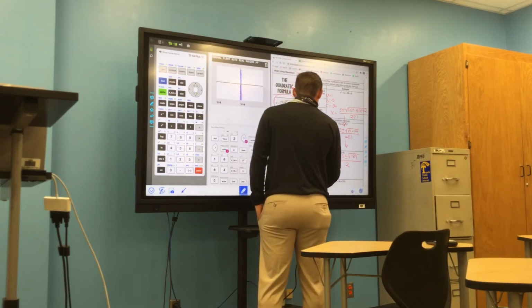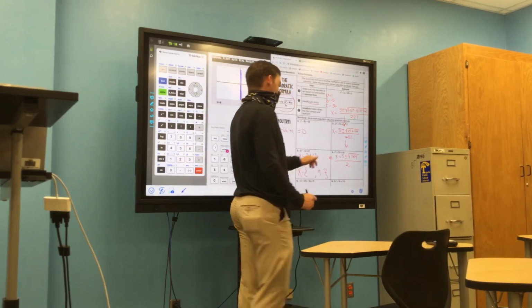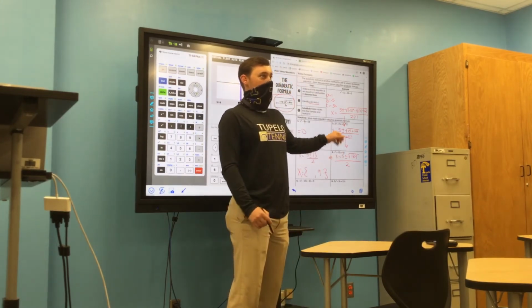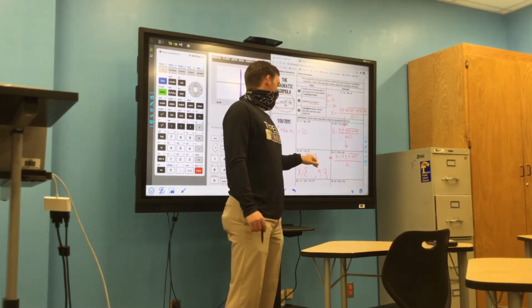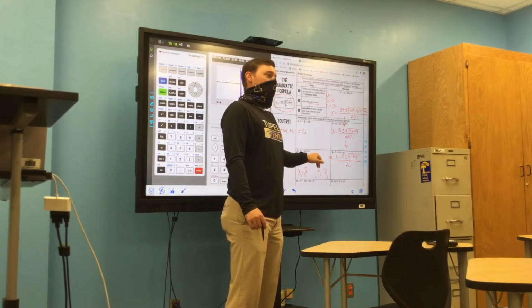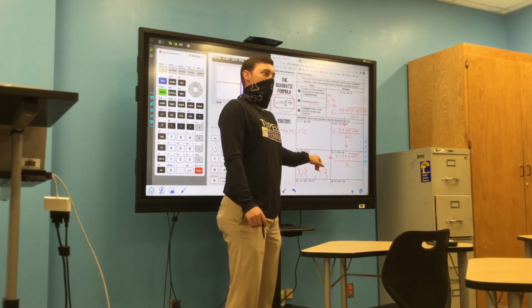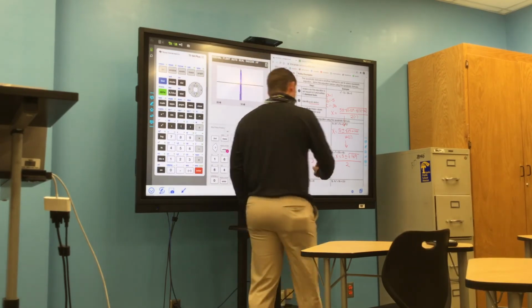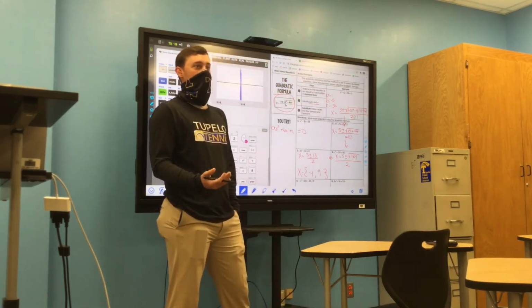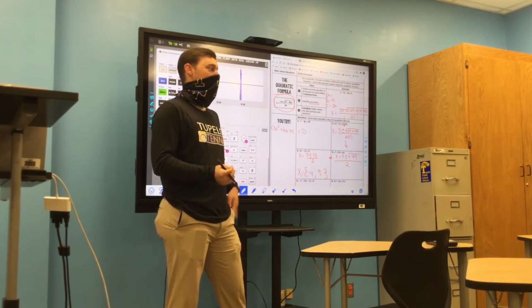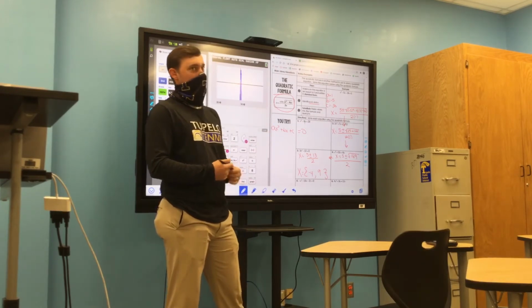That can be one of my solutions. What is 5 minus 13? Just type it in. Negative 8. Negative 8 divided by 2 is negative 4. So that's where you would have crossed the x-axis. That's how the quadratic formula works. If you worked it by quadratic formula, that's how you would do it.